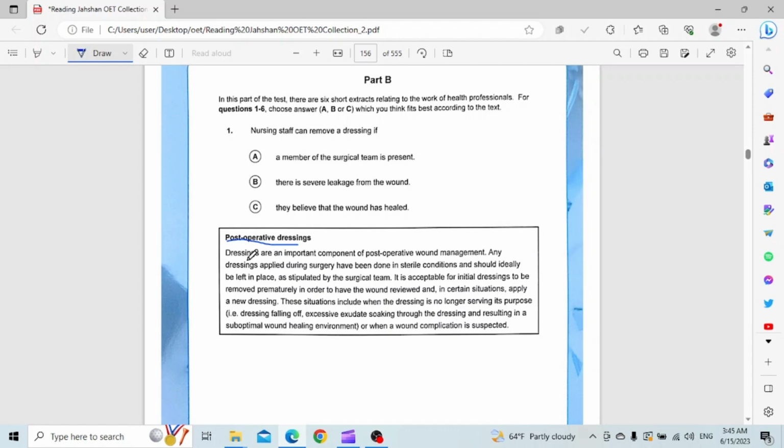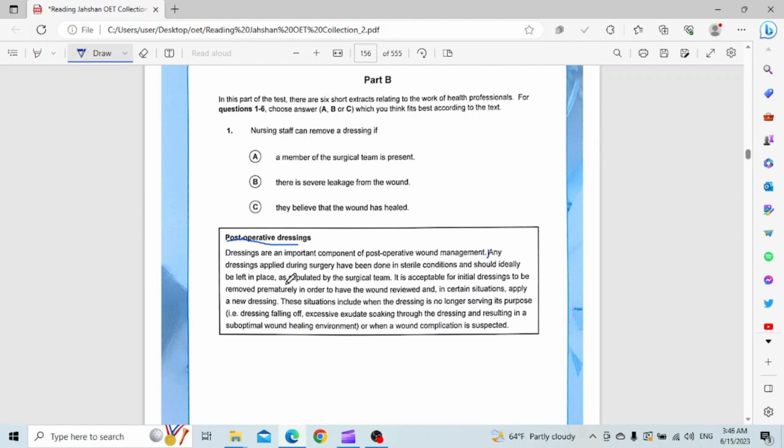Post-operative dressing. "Dressings are important components of post-operative wound management." Then I pause and recap what I have learned from this sentence, in my own words, even if it's not in English or Arabic. So in the first sentence, he talked about dressing being an important component. Then: "Any dressing applied during surgery has been done in sterile conditions and should ideally be left in place." I stop to absorb the info.